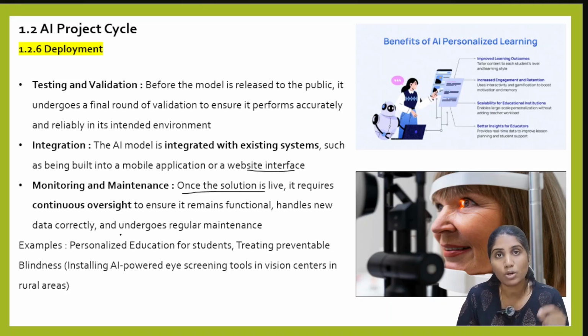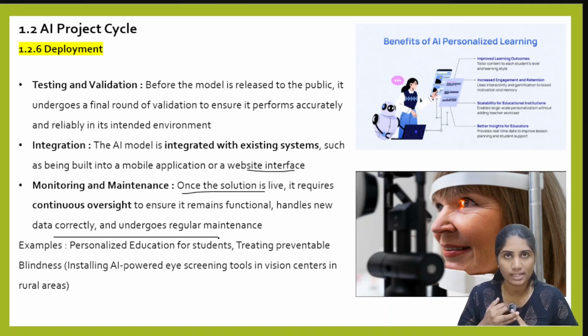Only when we monitor these apps and the AI model will we find that there is a bug and it is not providing correct results. That is why this last phase is very, very important. The solution requires continuous oversight to ensure it remains functional and the data is handled correctly, with regular maintenance.